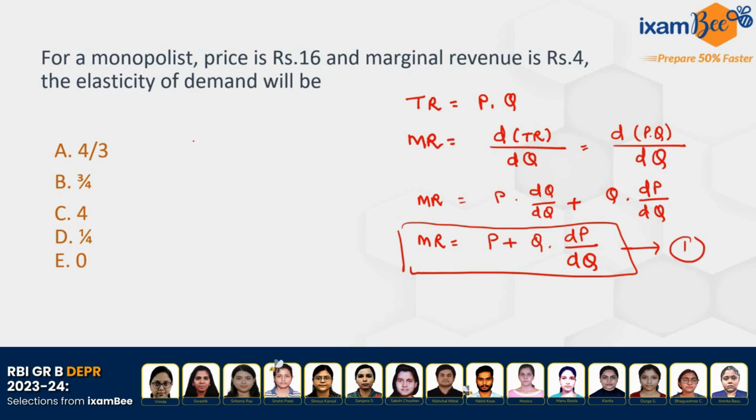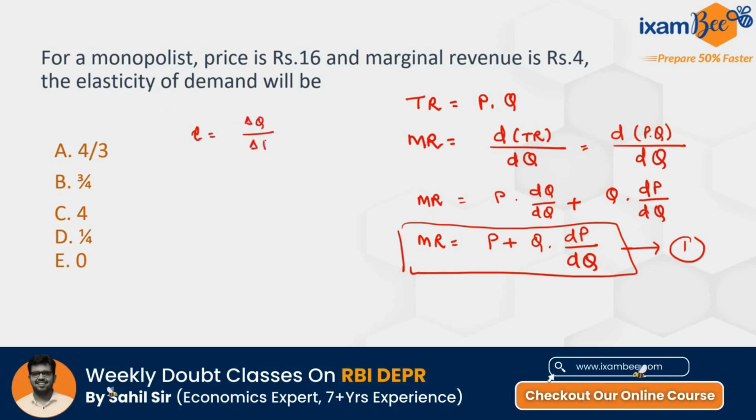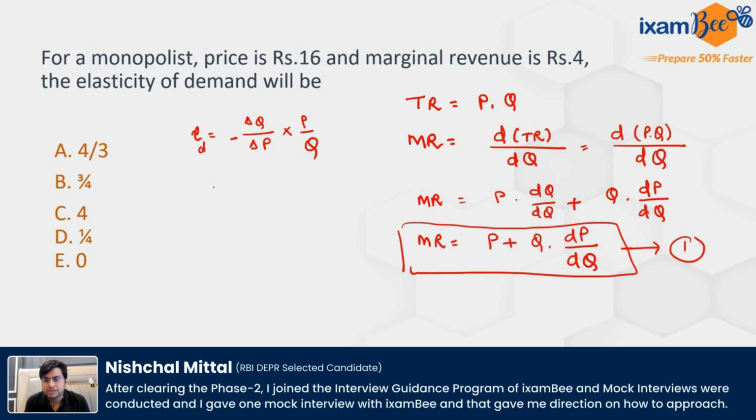Now also note that elasticity of demand is given by delta q upon delta p times p by q. This is the elasticity of demand, with a negative sign because there is an inverse relationship between price and quantity demanded. Now if I take the reciprocal of this elasticity, what do I have?